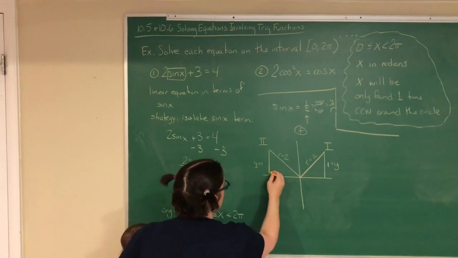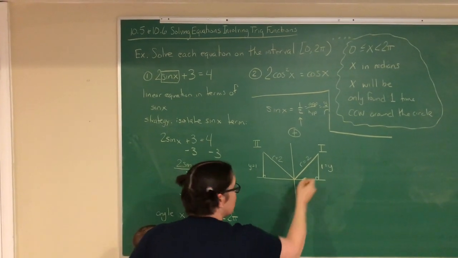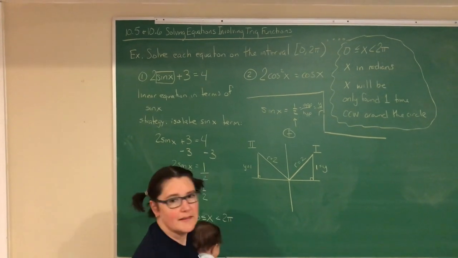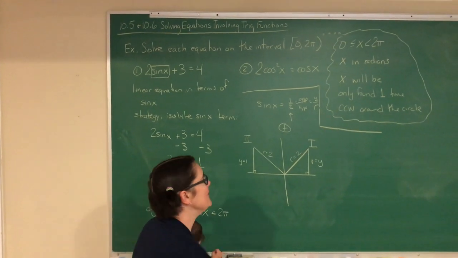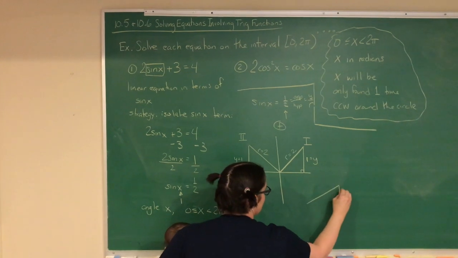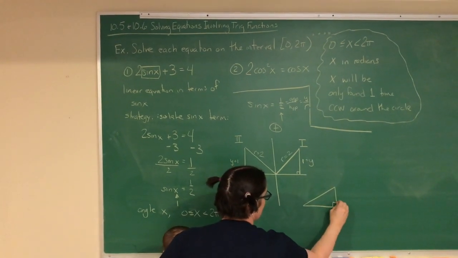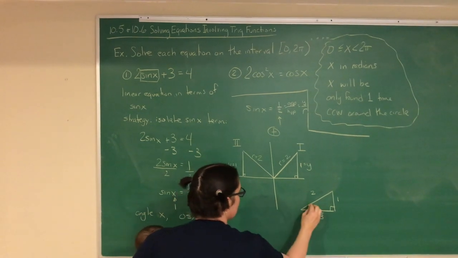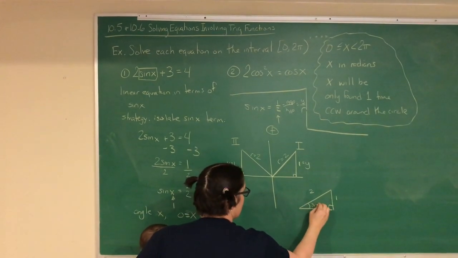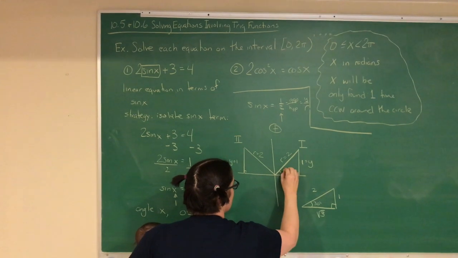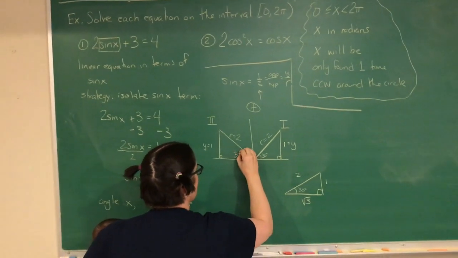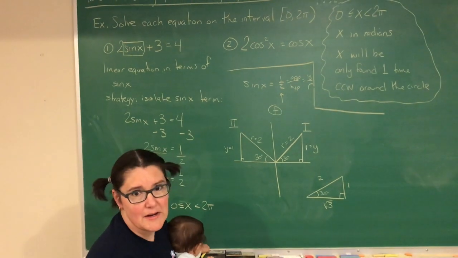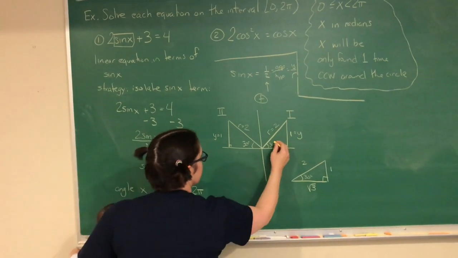And so now I stare at these two triangles and I ask myself, do I recognize those numbers? And the answer is, yep, I sure do. We've got our triangle with a 1 and a 2, and the third side is square root of 3. And so our reference angle on these triangles is 30 degrees. Okay, now in terms of radians, that's pi over 6.